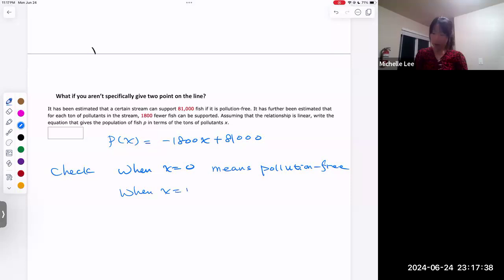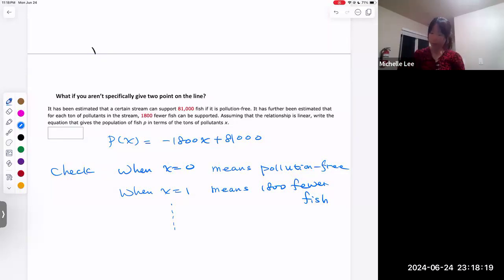When X equals 1, they say that for each ton of pollutants in the stream, there are 1,800 fewer fish, right? So with 1 ton, that means 1,800 fewer. So that is true, right? All right.